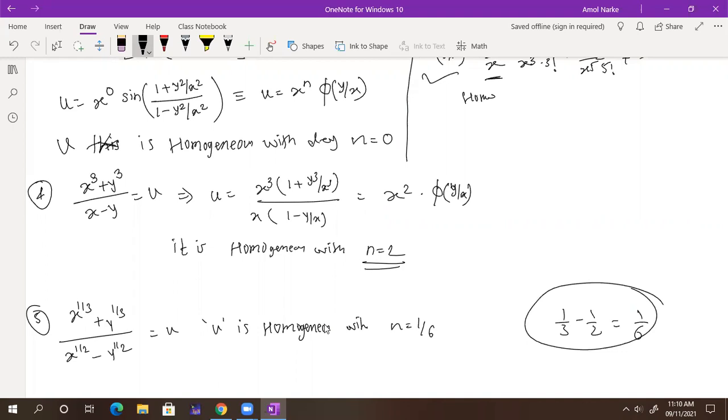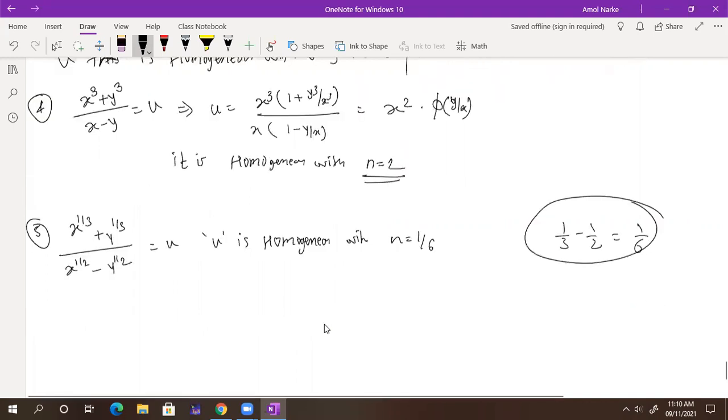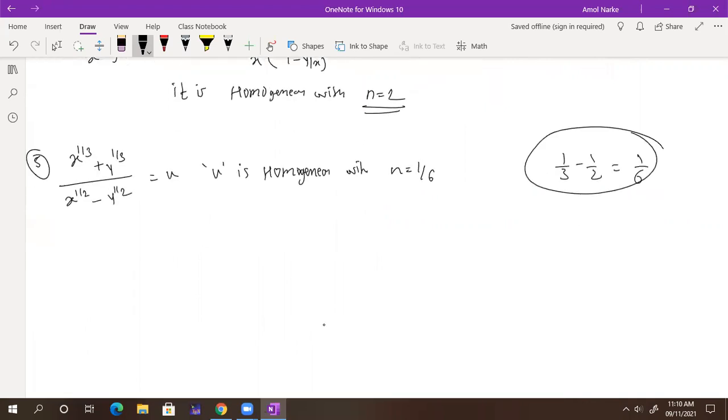Okay. So now the last one, and a very interesting one. I will write it down in a proper format so you will understand. So u is equal to... it will be minus 1 by 6. See, 1 by 3 is smaller than 1 by 2, so it is minus 1 by 6.